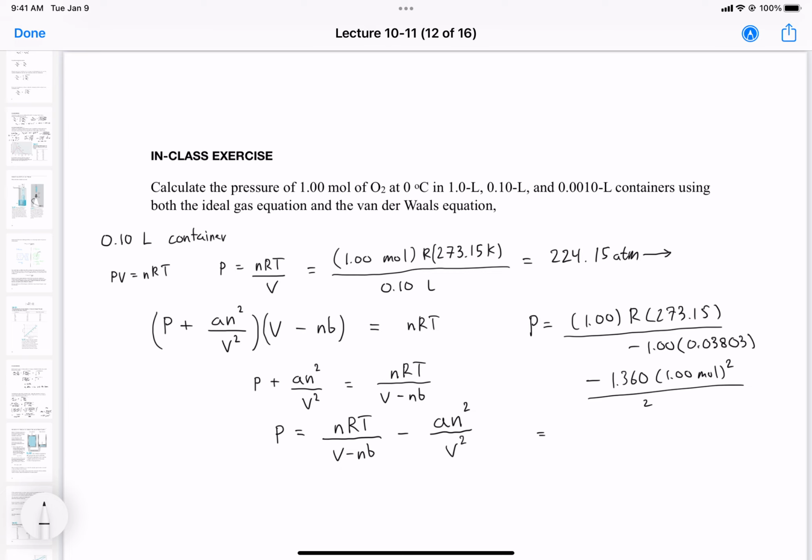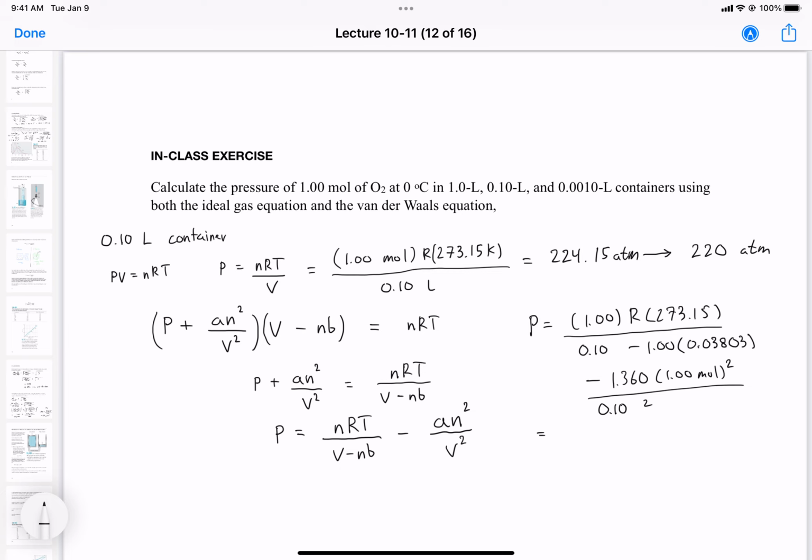But in sig figs, we were around just 220 ATM. Okay. So now if we put in our values here, 0.10 and then 0.10 liters squared in our equation here, we'll see that they should change dramatically.